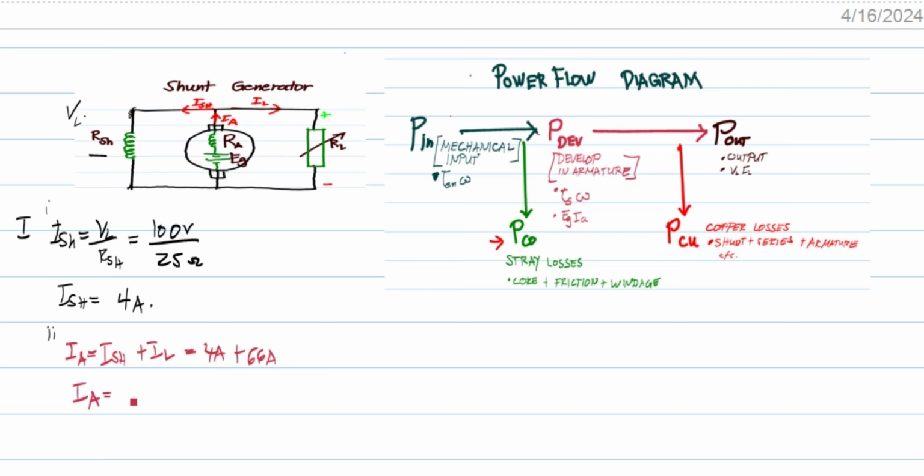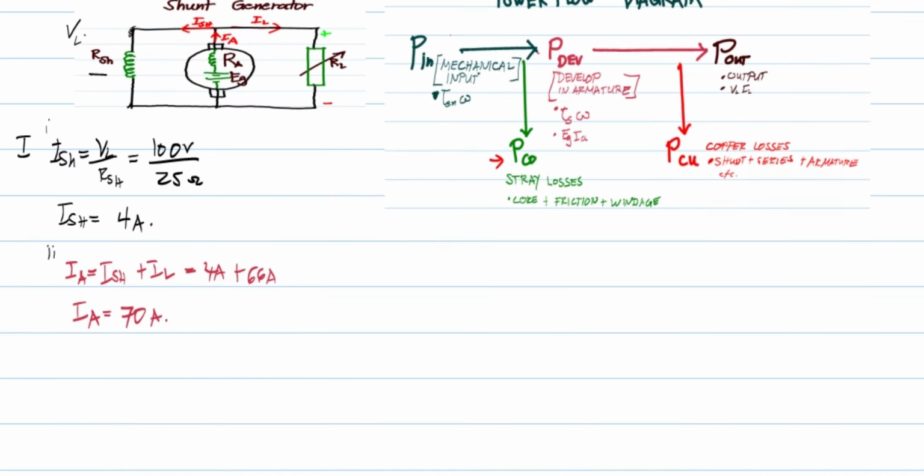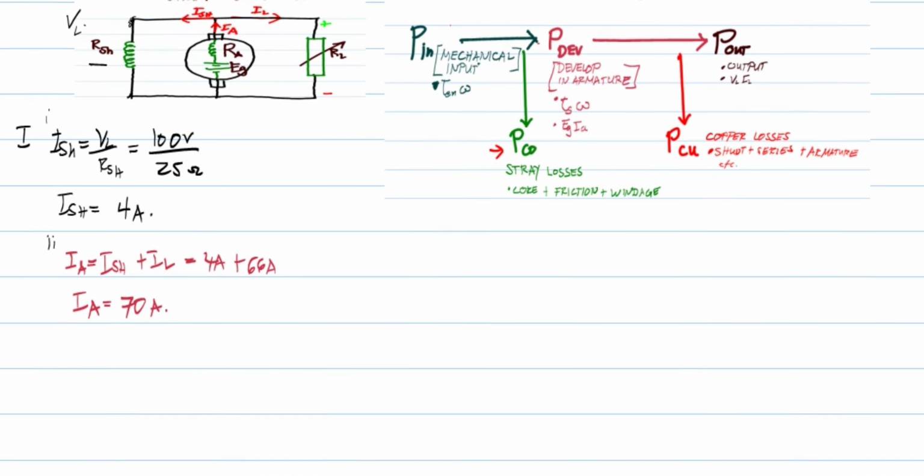We have IA of 70 amperes. Okay, that's the basic thing to do, where IL and VL are already given.